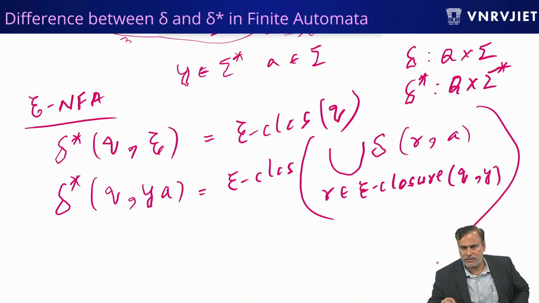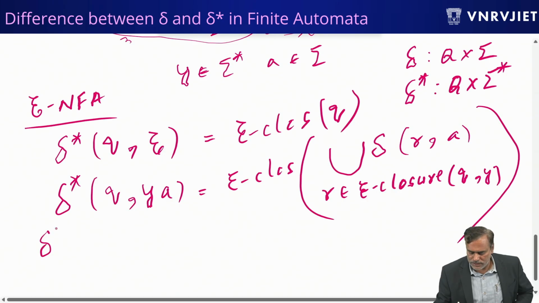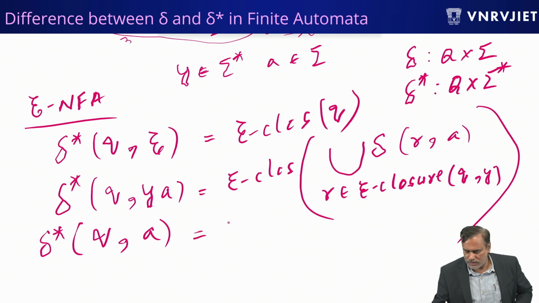So already I have given the difference between delta and delta star with respect to NFA and DFA. The same explanation follows even for this epsilon NFA. For a single input symbol, delta star of QA is equal to delta of QA.